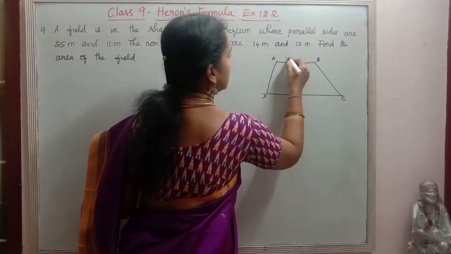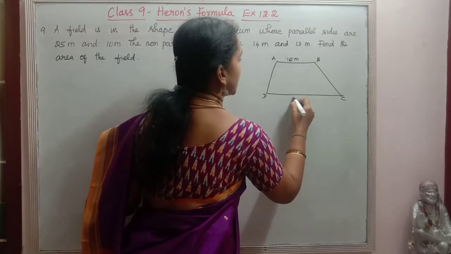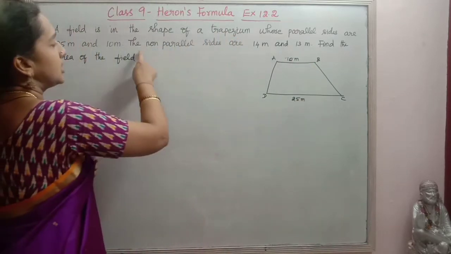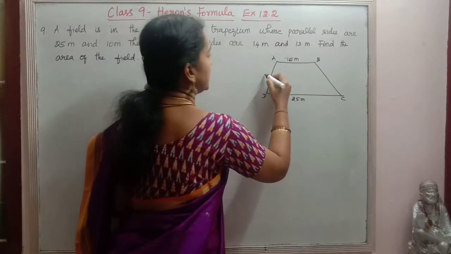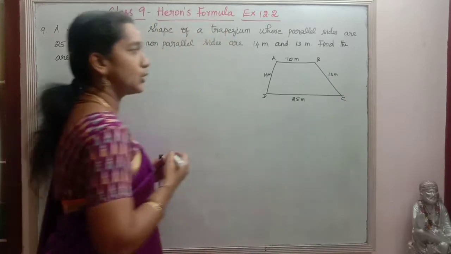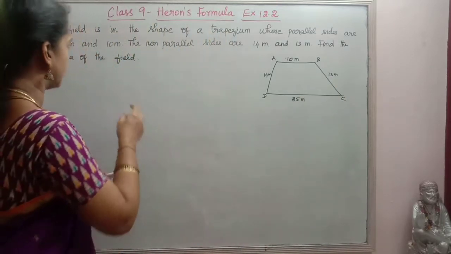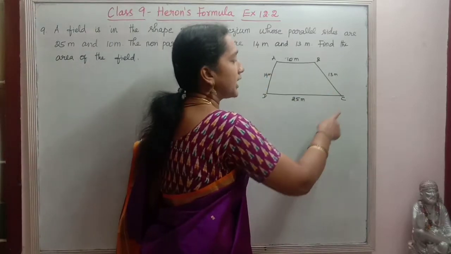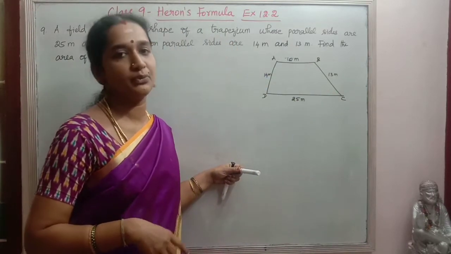We will take this as 10 meter and the whole bottom side as 25 meter. The non-parallel sides are 14 meter and 13 meter. We are asked to find the area of the field.